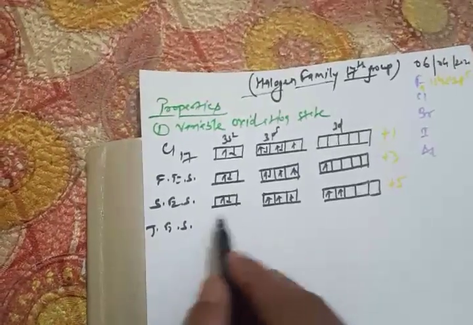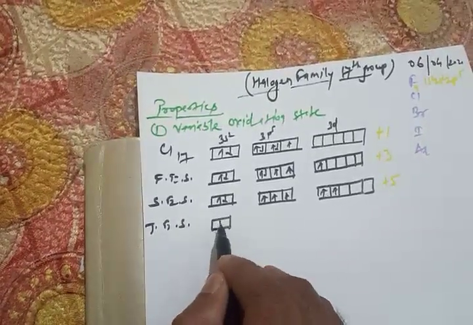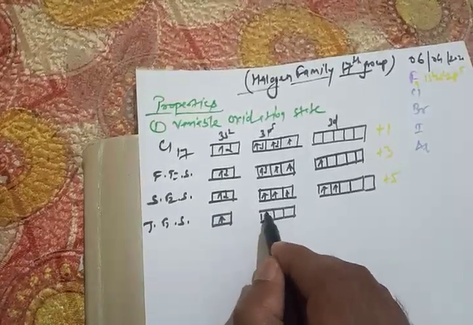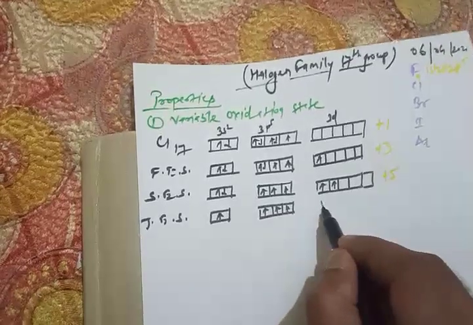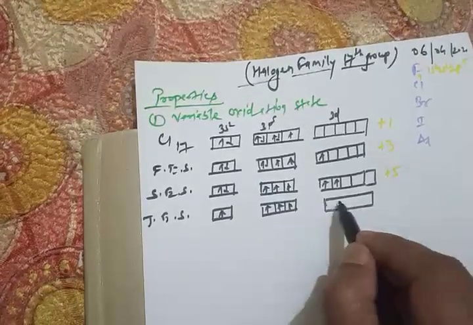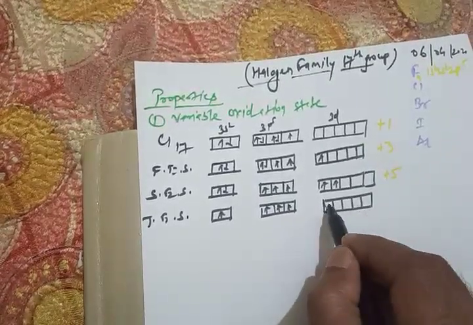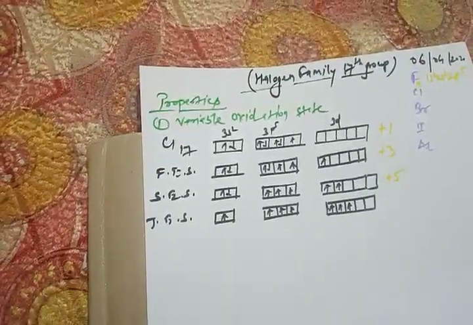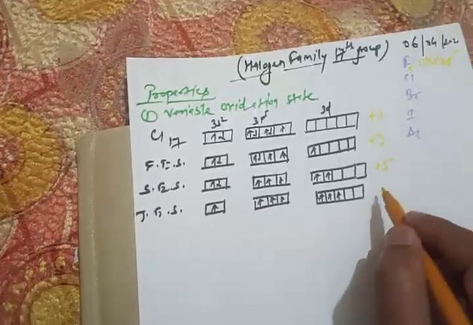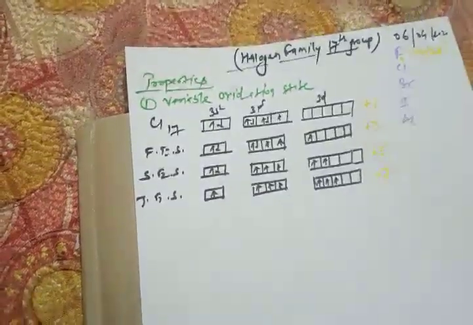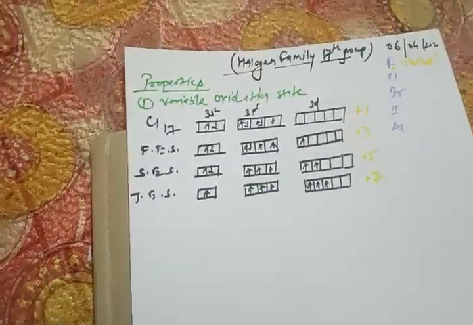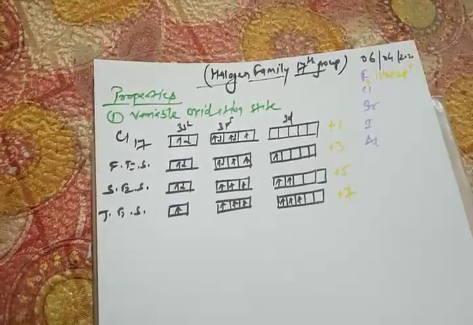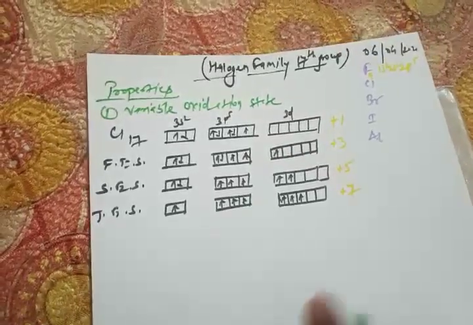Now in this case the paired electron we have in the s orbital, one of the electrons will jump to the d. So here we have 1, 2, and 3, and in this case we have 7 unpaired electrons, so here we have +7. So this is how it shows the variable oxidation state.